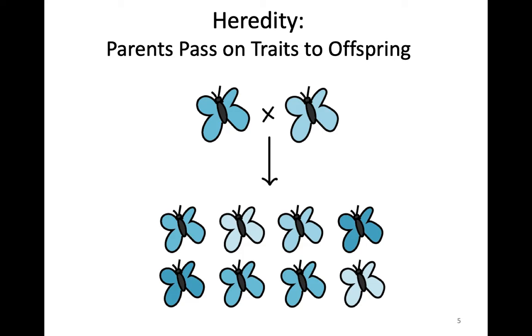In human beings, we can talk about height, skin color, eye color, and hair color. In other species, we can talk about the color of a butterfly's wings. With psychology, the more interesting and controversial idea is that there can be psychological traits that are passed on from parents to offspring. Okay.